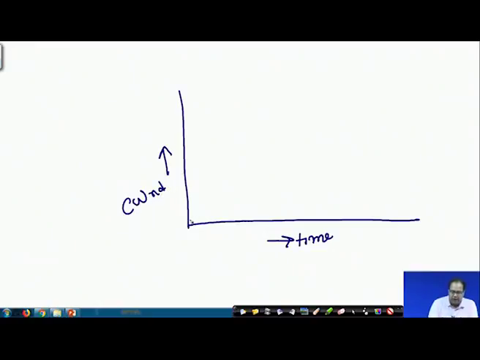You start with one packet, and initially you have an exponential growth, and say at this point you get a loss or a retransmission timeout. Whenever you have a retransmission timeout, this was the initial value, so you set half of that as the slow start threshold.